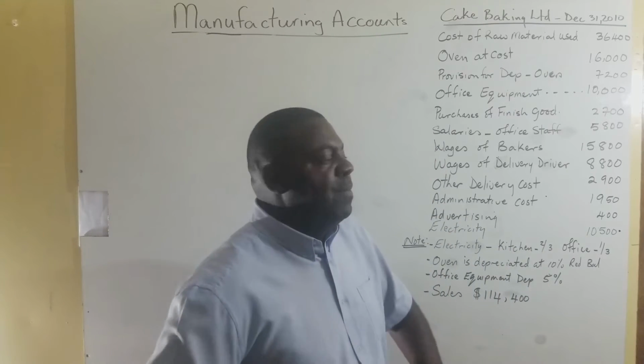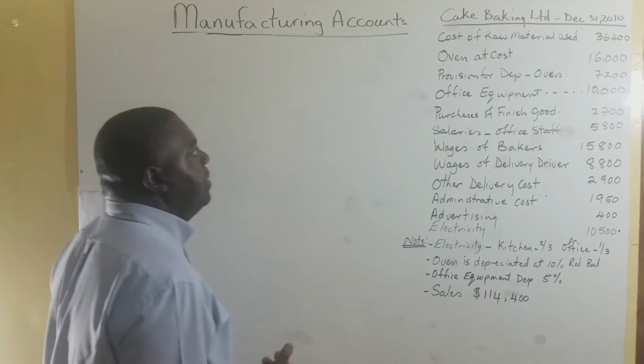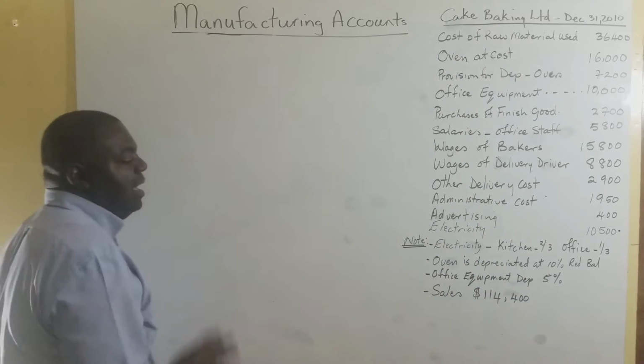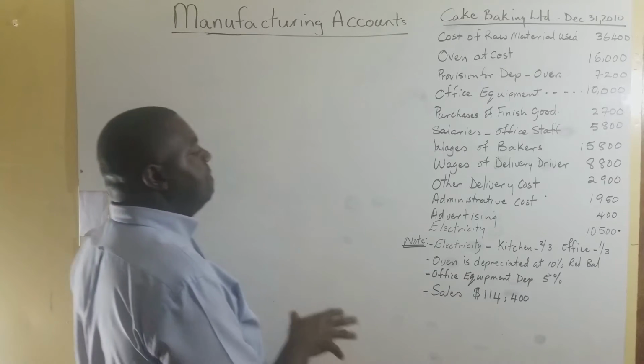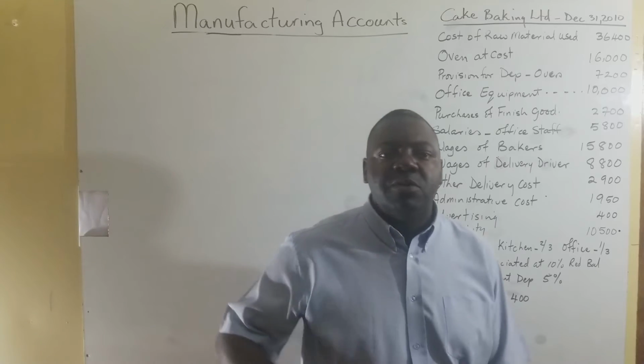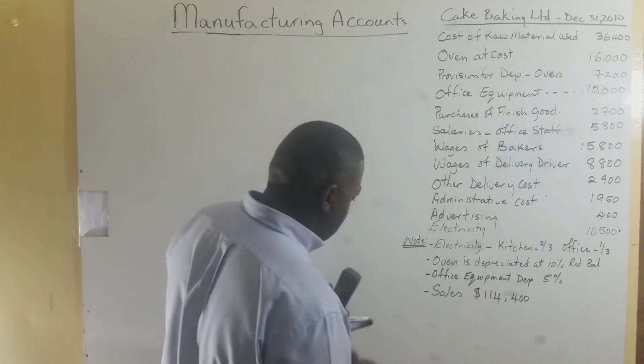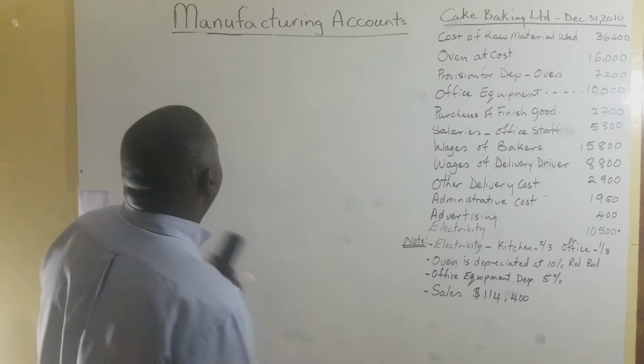At this time, we're going to use the question here presented to now prepare the manufacturing account as well as the income statement, right? So we're going to do two things at this time. We're going to do the manufacturing account and the income statement. So let us get on with the work.